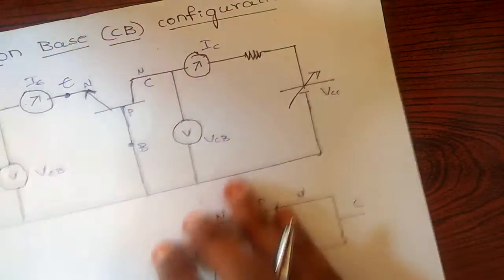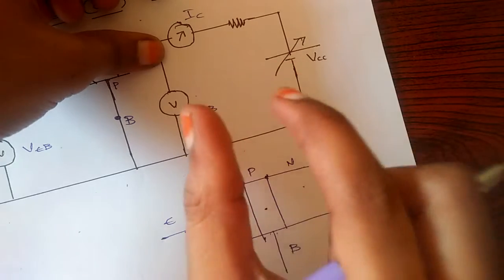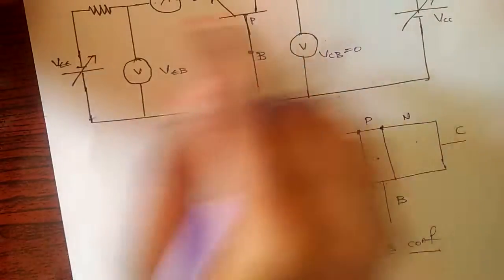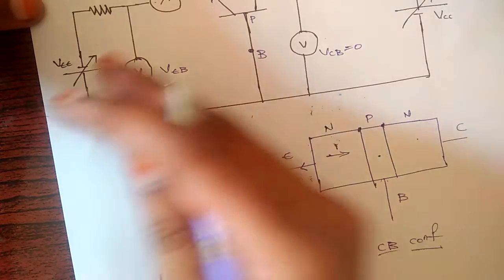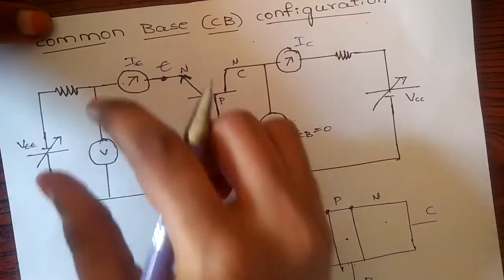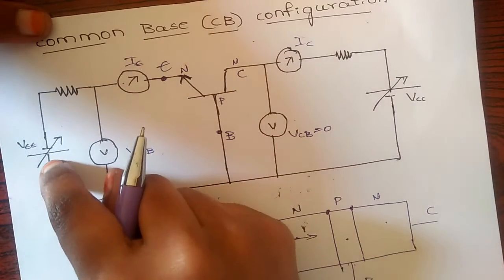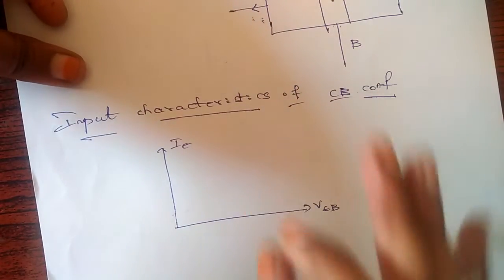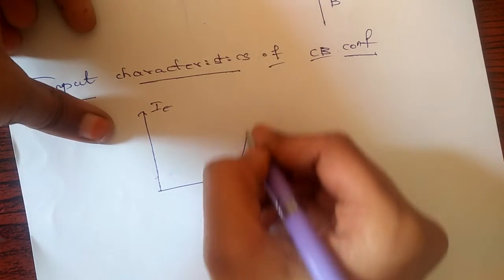How do the characteristics vary here? We take VCB as constant, for example 0, and we change VBE from 0, 1, 2, 3, and the changing values of IE with respect to VEB are plotted on a graph.